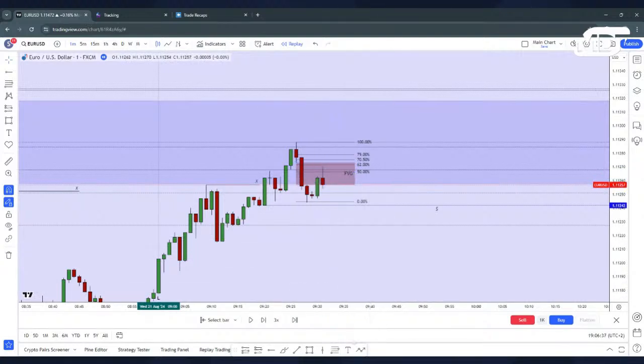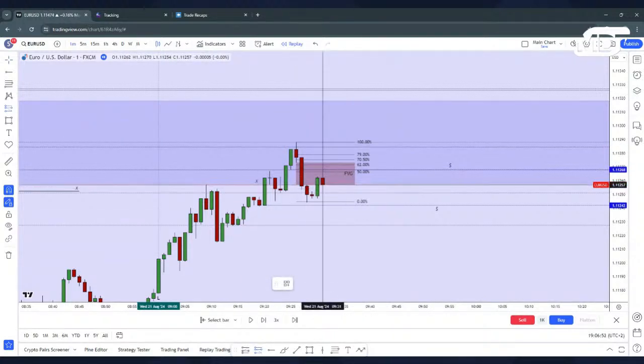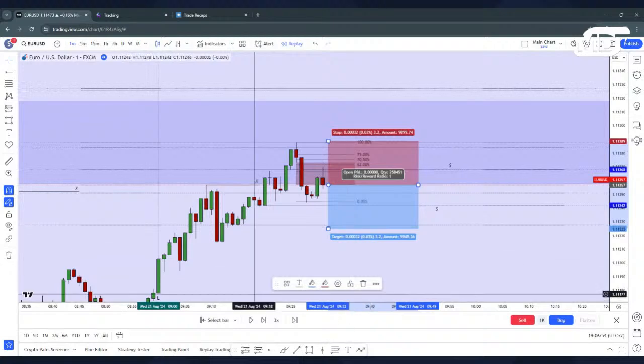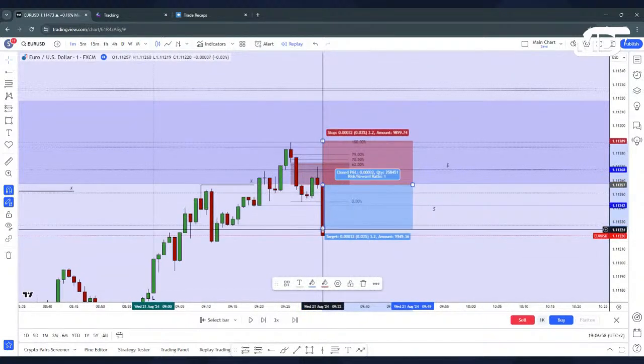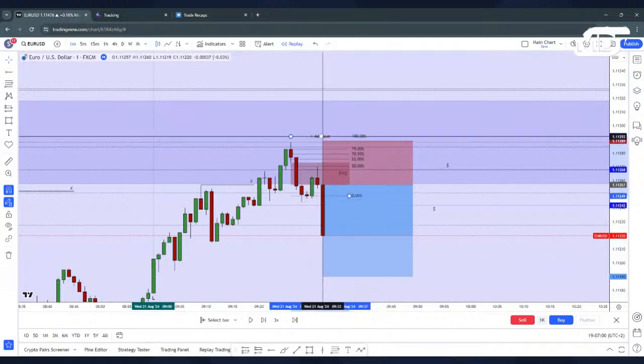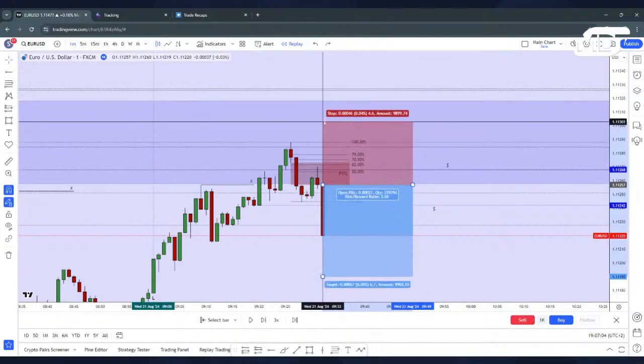It was this fair value gap, as well as a retest of this order block that got broken, that got invalidated to the upside. Taking the entry at this close, at the next candle, you can see how this played out, and then stops just above here.